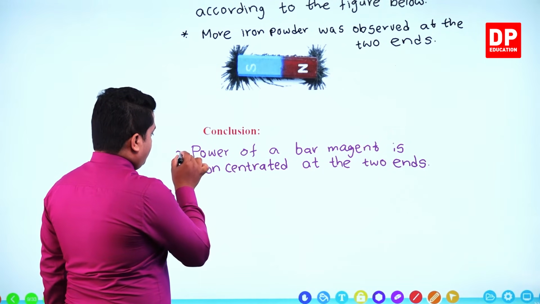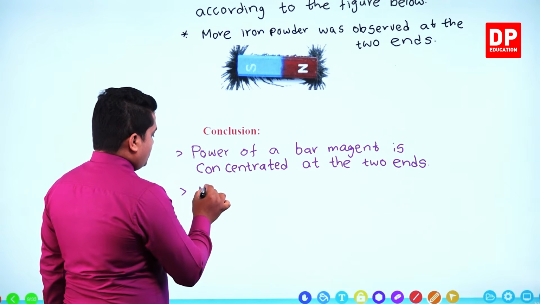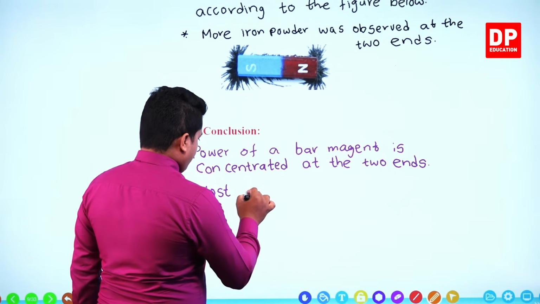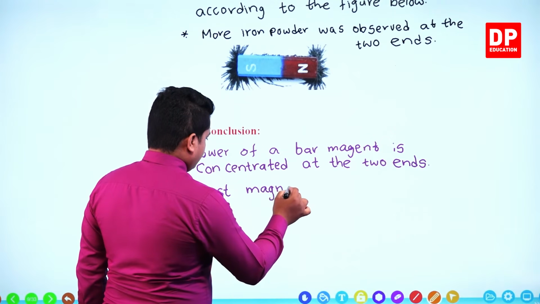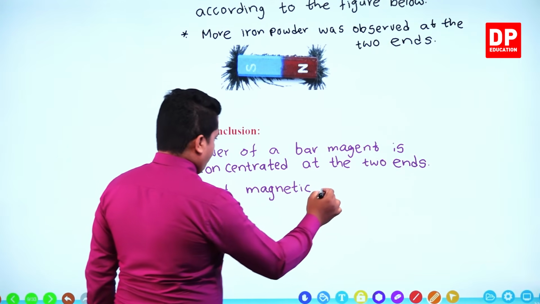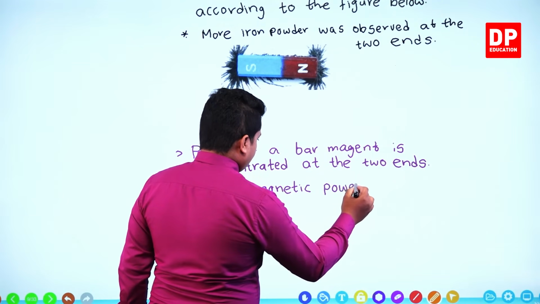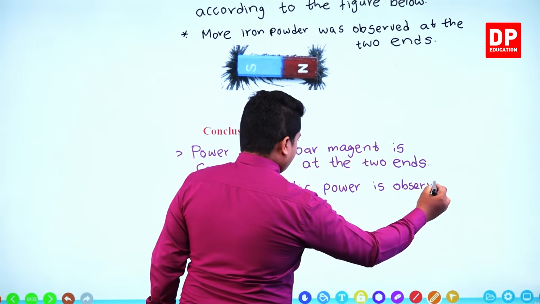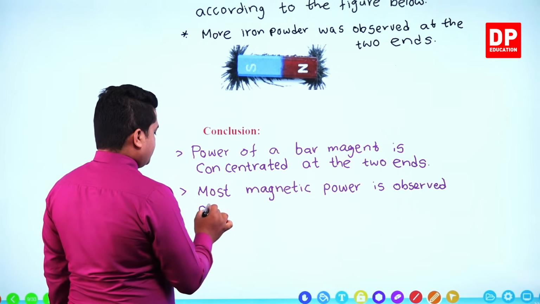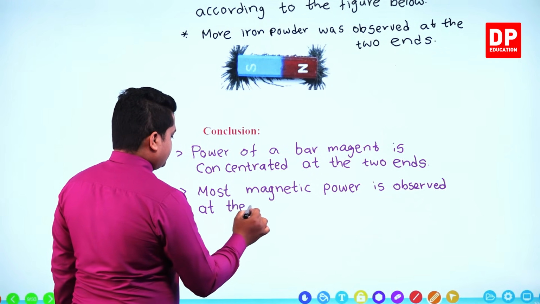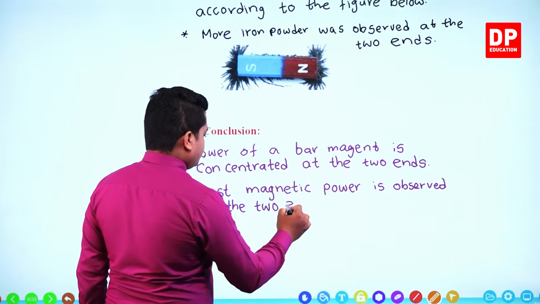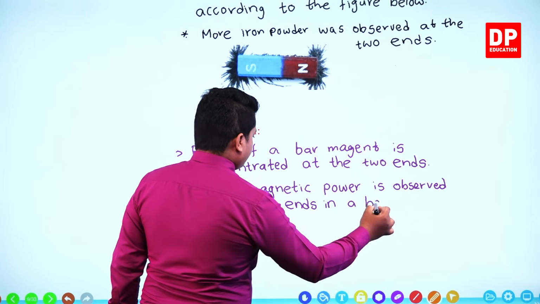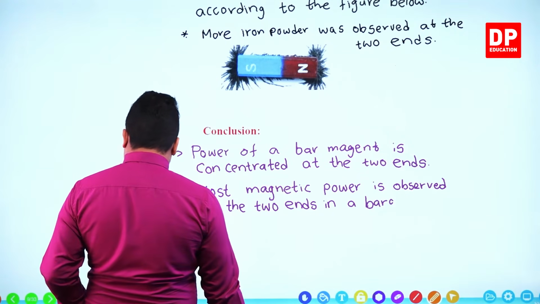So my next point is: most magnetic power is observed at the two ends in a bar magnet.